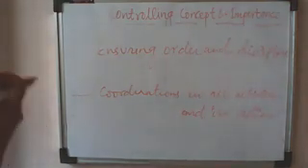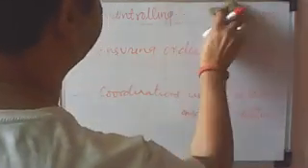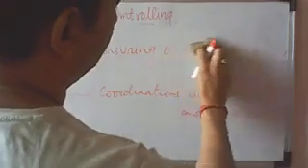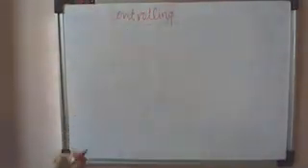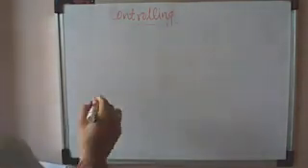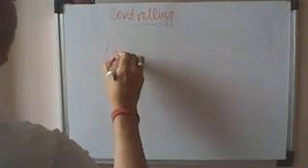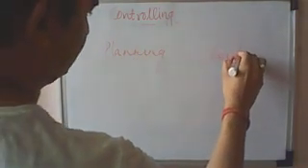Next, I will talk about the relationship. Controlling is treated as the last function of management, but why is this function required and what is the use of this function? It can be directly related to planning. On one side is planning and on the other is controlling.